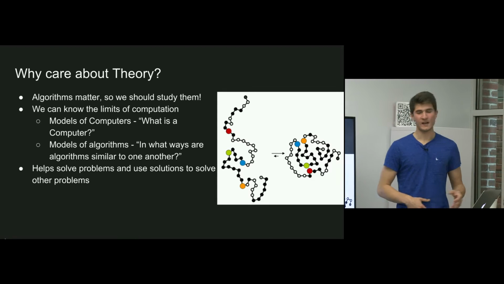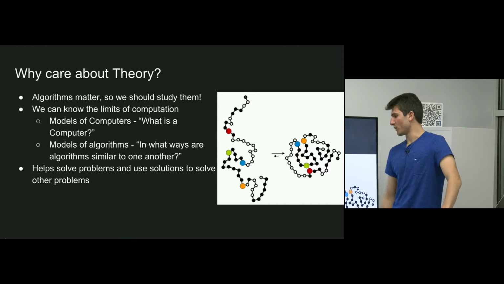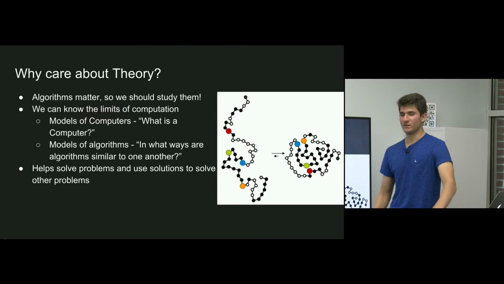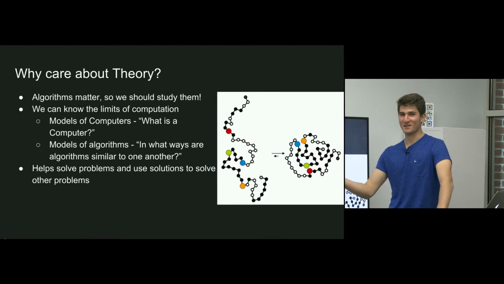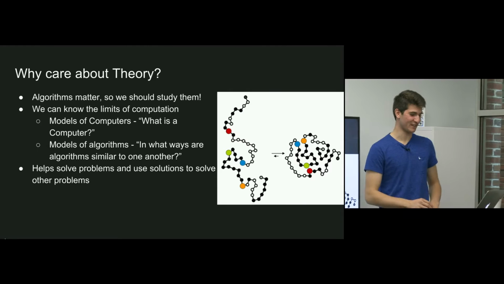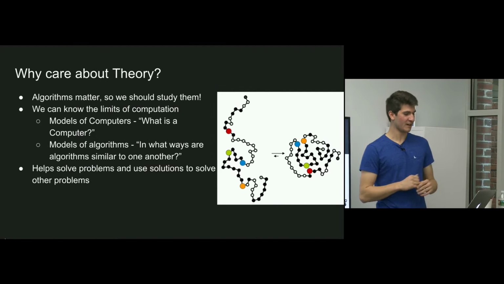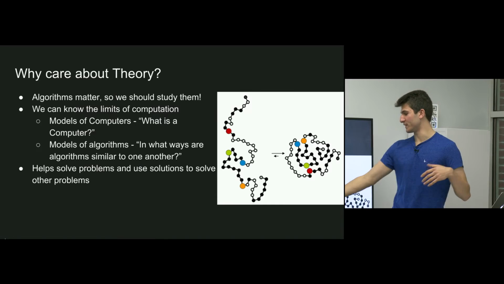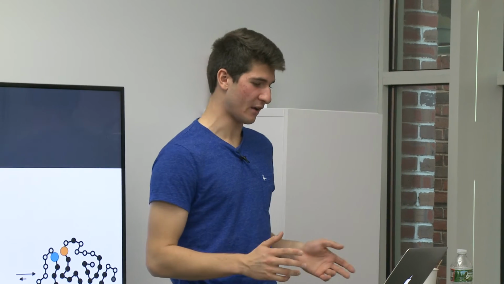That's something Alan Turing did way back when, and he became famous for that. A lot of people are familiar with Turing machines, his theoretical model of a computer. It helps us use solutions from one problem to solve other problems, so it's pretty profound.